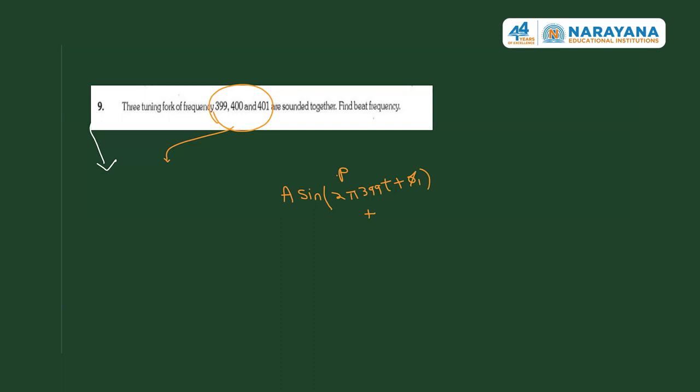The second one has A sine 2 pi into 400t plus some phi 2. And similarly, from the third, it is A sine 2 pi into 401t plus some phi 3 is reaching.